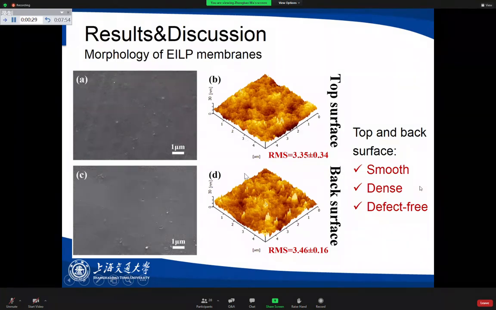This smooth surface means that the PA didn't intrude into the substrate pore. So this thin and uniform PA layer with no pore intrusion could effectively reduce the water transport resistance.